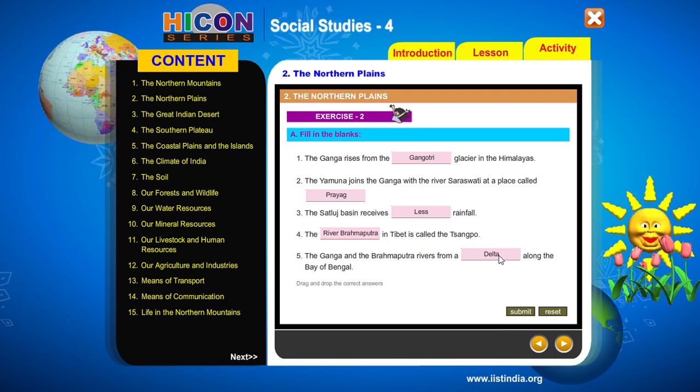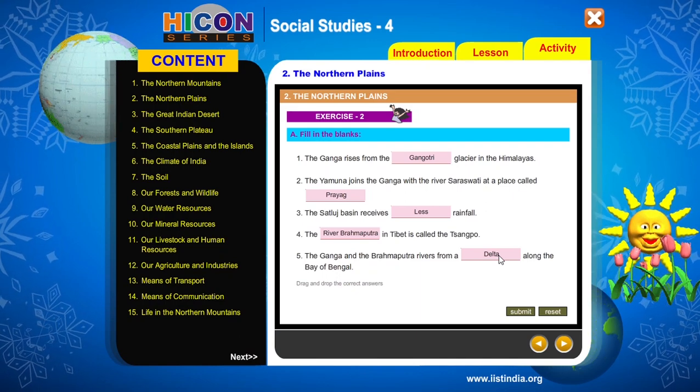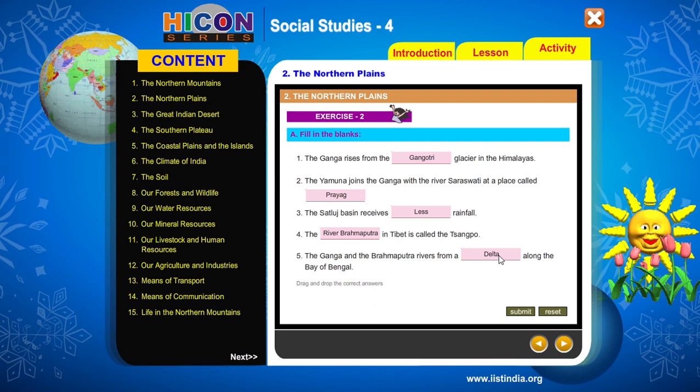Right? Okay. Now I'll keep this screen the same for another minute for you, so that you can read these sentences once again.